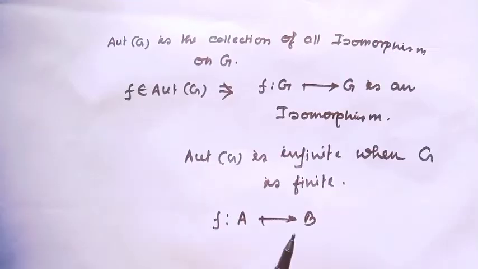At first, consider all functions f from A to B, which is actually bigger than the set of isomorphisms because it is the set of all functions.